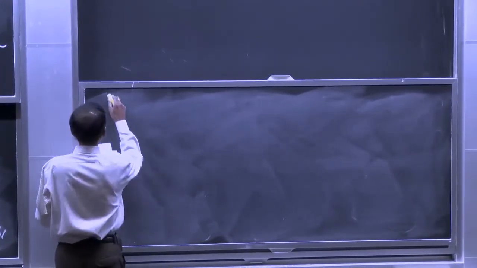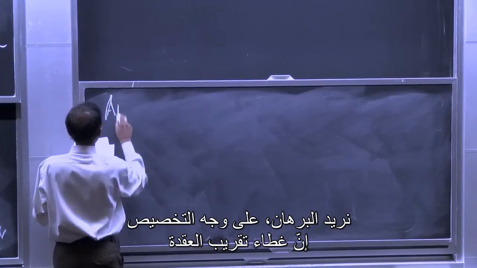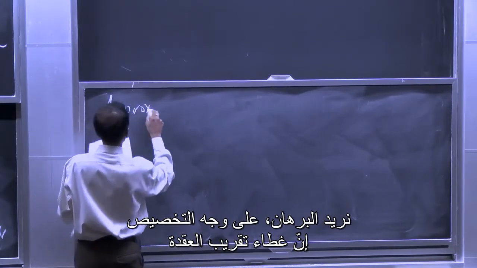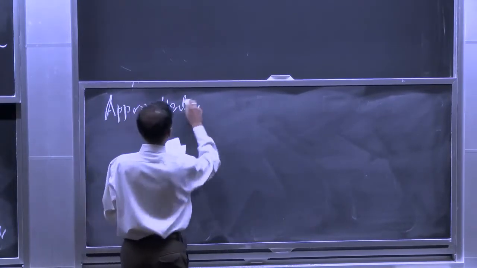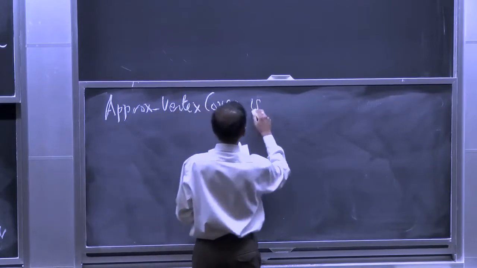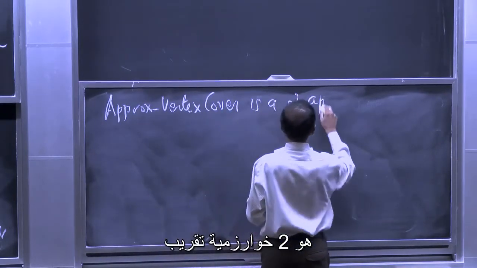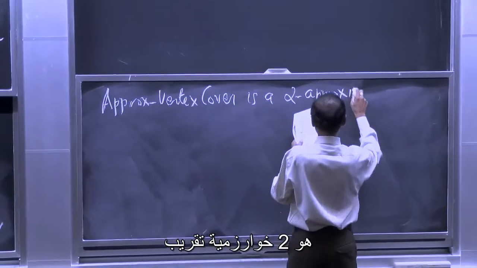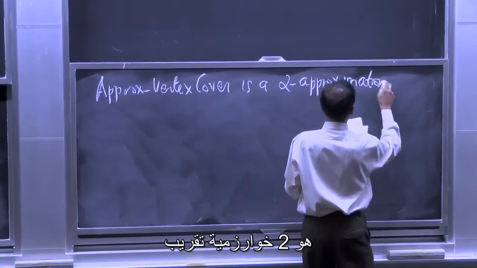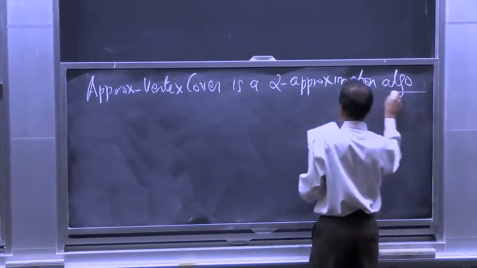So how do we go about proving that? We want to prove, in particular, that approx vertex cover is a 2 approximation algorithm.